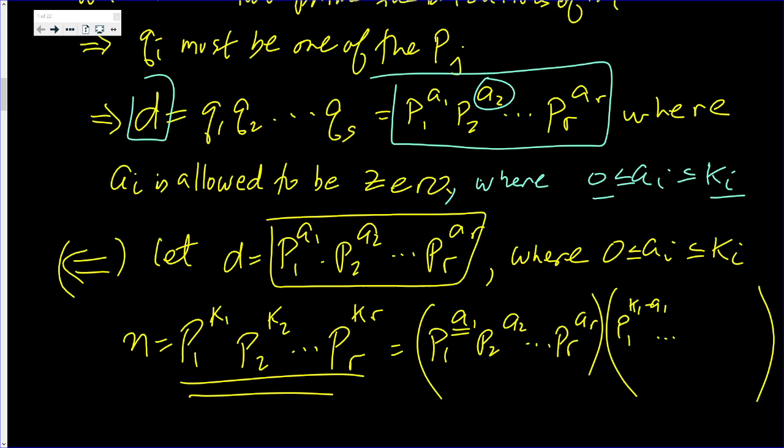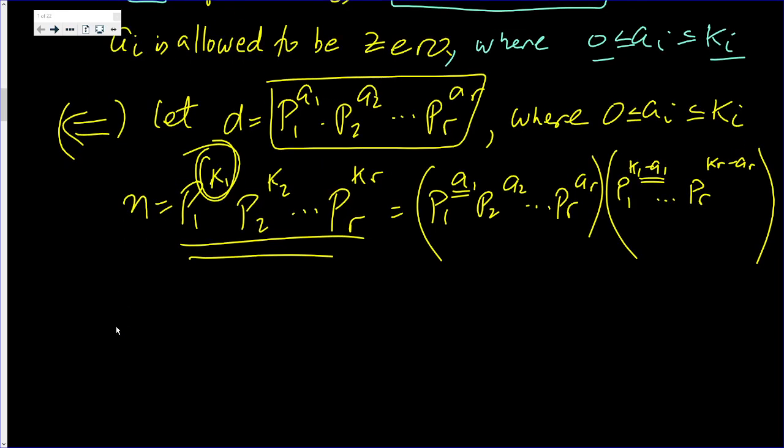Why? Because when we add those powers, we get K sub 1, which is what we want to get. All the way down to P sub R to the K sub R minus A sub R.